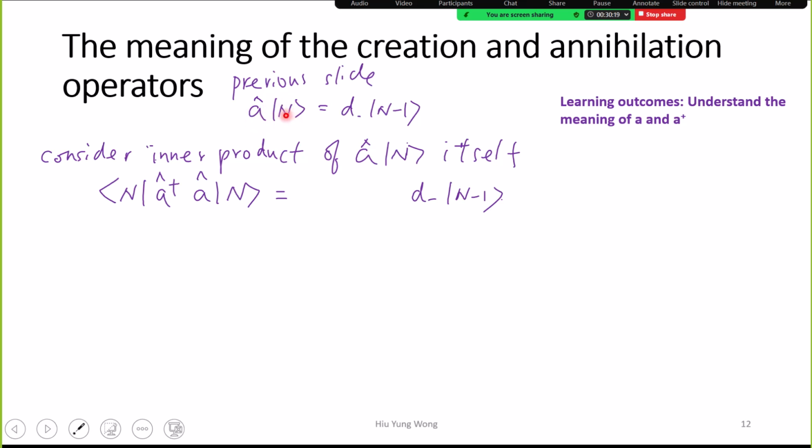So A n equals D minus n minus 1. Is this okay? How about for the bra version, if I want to use this equation? Also n minus 1, D minus star.